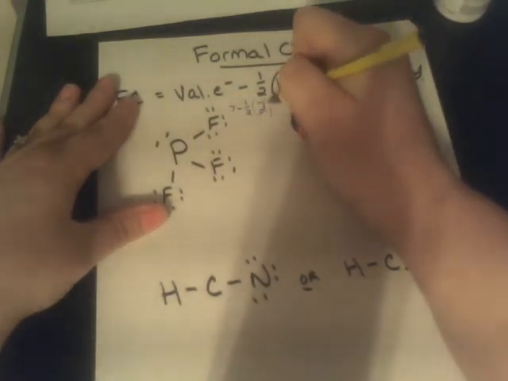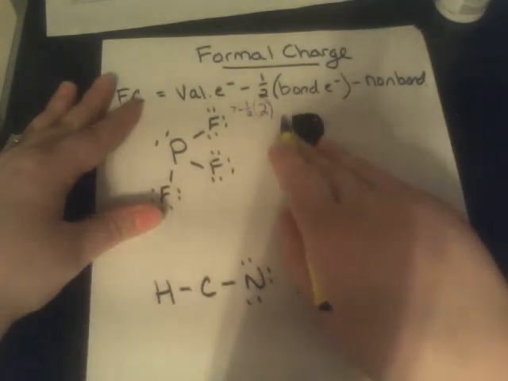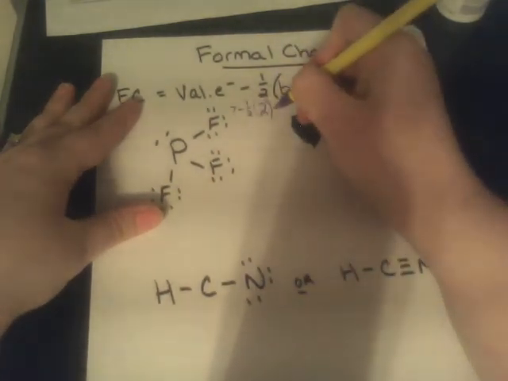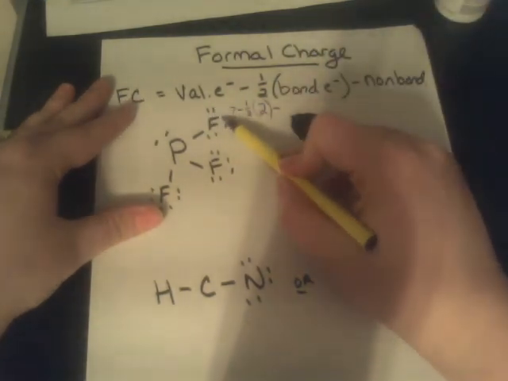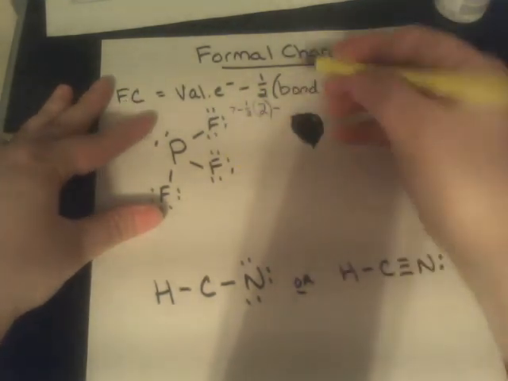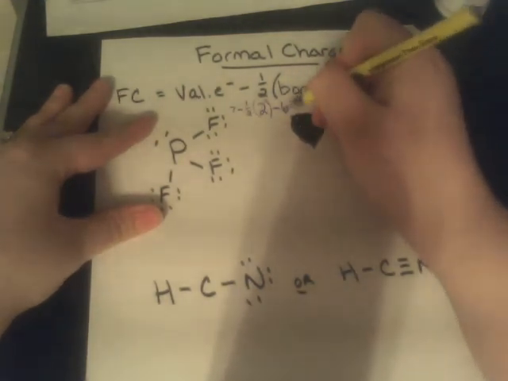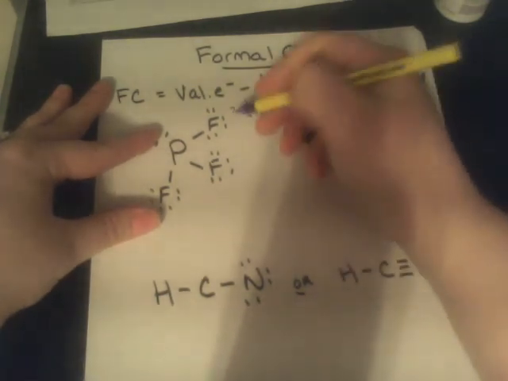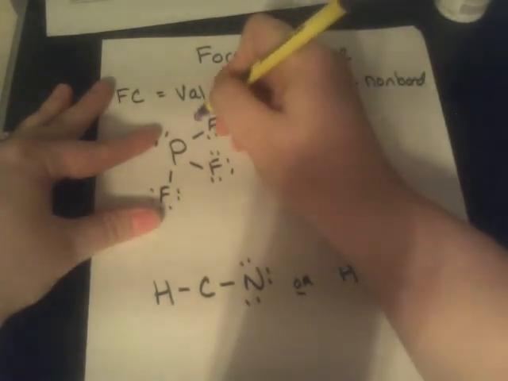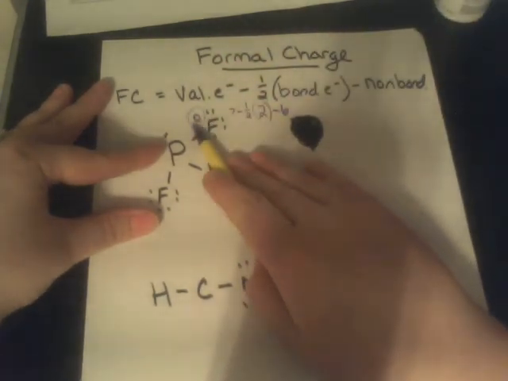So it's 7 minus 1/2 of 2 minus how many non-bonding are around the F? 1, 2, 3, 4, 5, 6. Minus 6. So it's essentially 7 minus 1 minus 6. So it has a formal charge of 0. So is F happy? Yes.